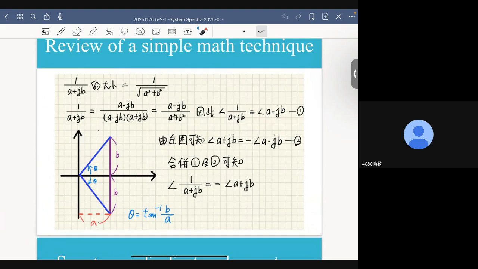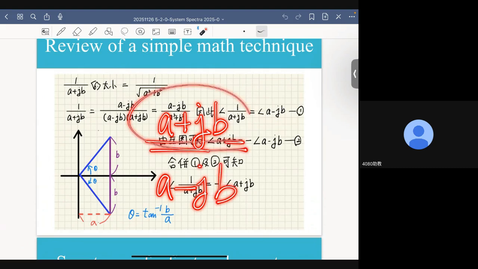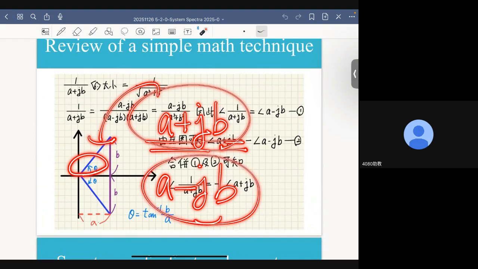If you compare the angle of a plus jb with a minus jb, if its angle is theta, then its angle is minus theta. All right?